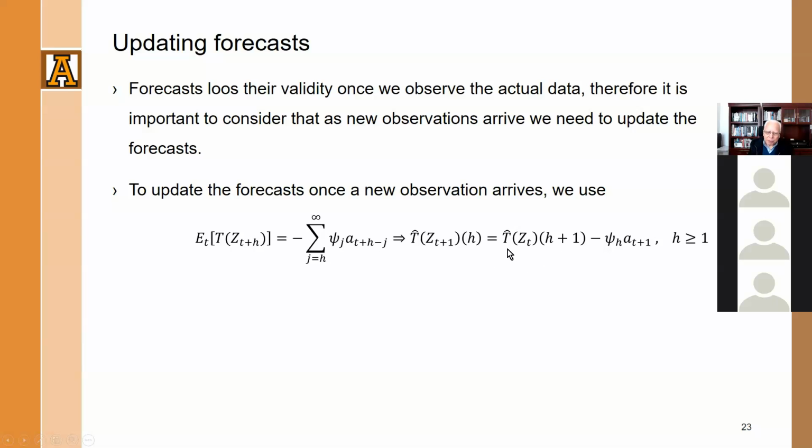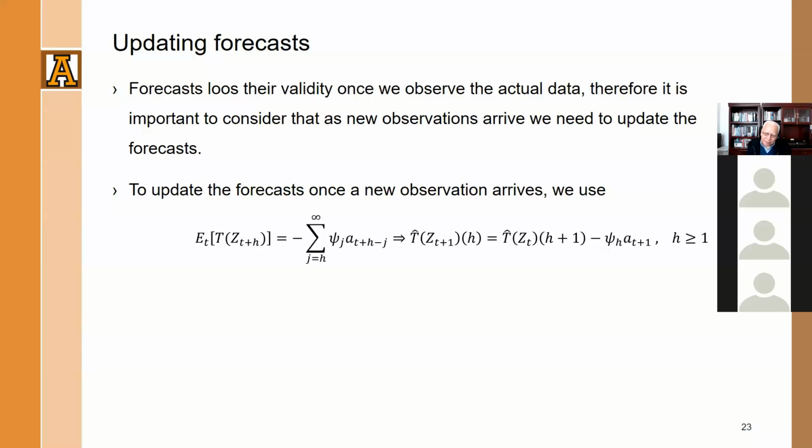And that's the optimal forecast at time t, h plus 1 periods ahead, minus the last weight, the h weight, if we're forecasting h periods ahead, the h weight times a_{t+1}.